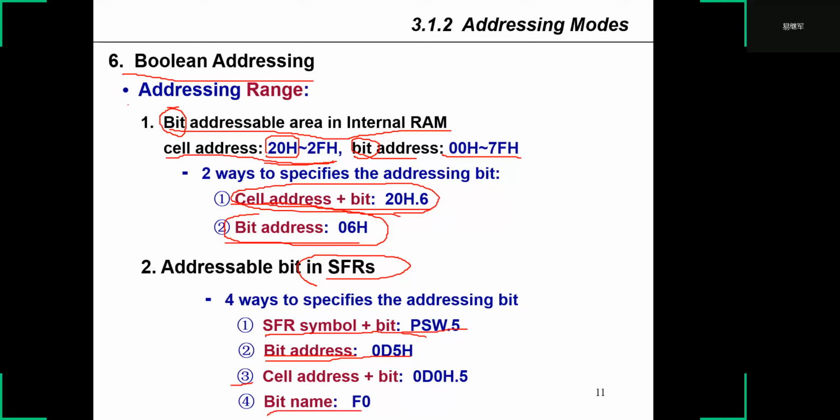The first and fourth use names, the second and third use addresses. This uses the byte name, this uses the bit name. These are the 4 ways to specify the addressing bit.